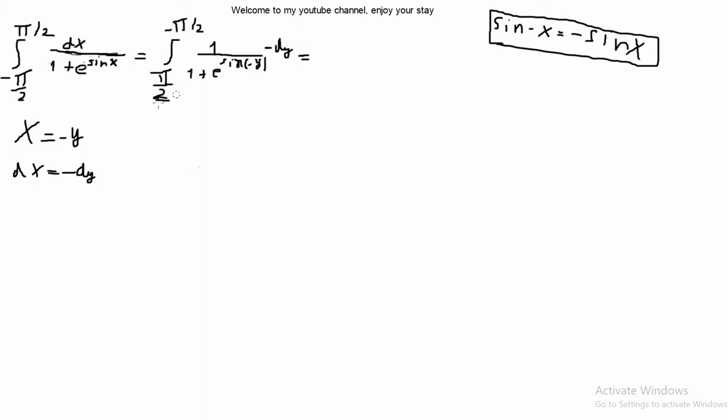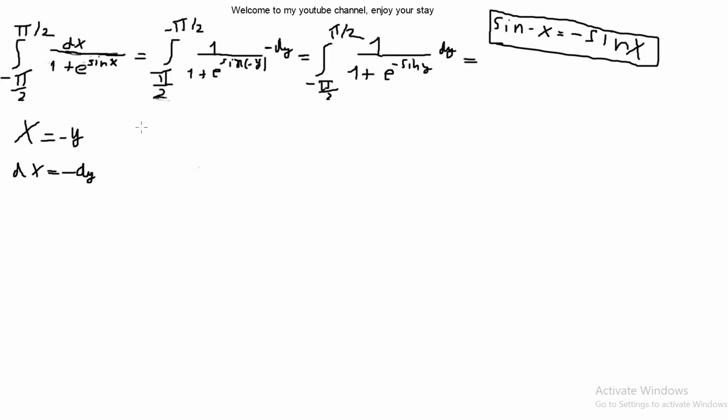Let me erase this. Which equals the integral from minus pi over 2 to pi over 2 of 1 over 1 plus, and now we are using this, e to the negative sine of y, dy.